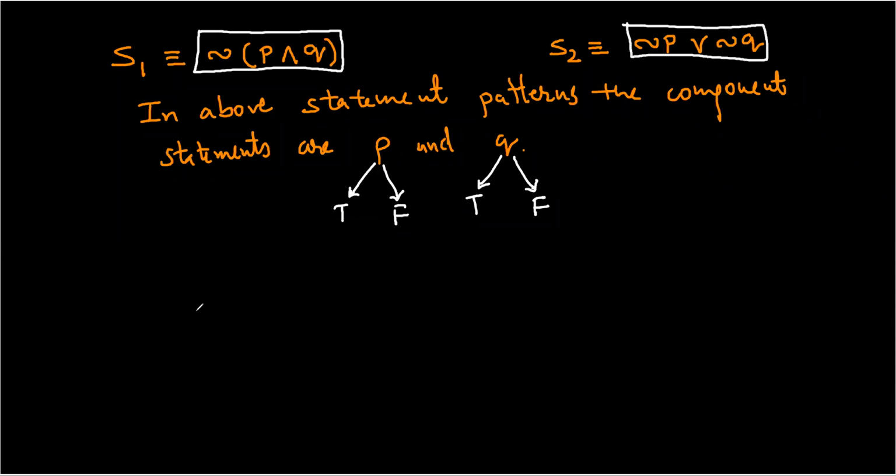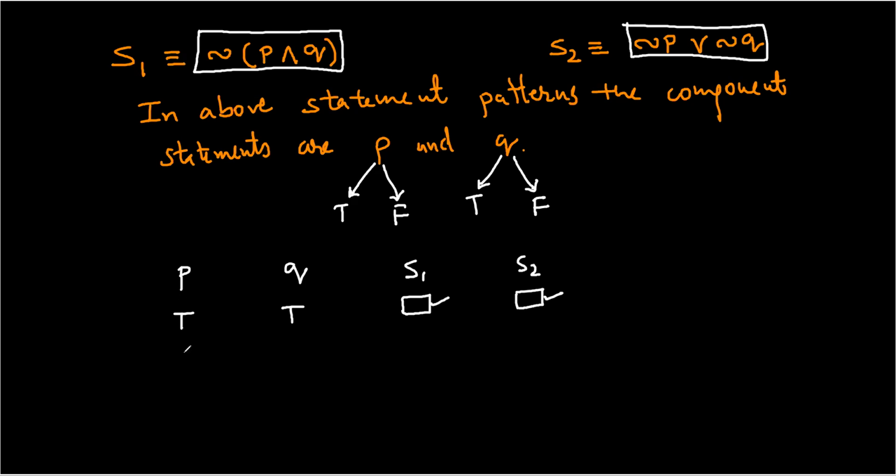Suppose you decide P to be true and Q to be true. For P true and Q true, you find the truth value of S1 and you get something. Then you find the truth value of S2, and you notice that the same truth value you got for S1 is obtained for S2.